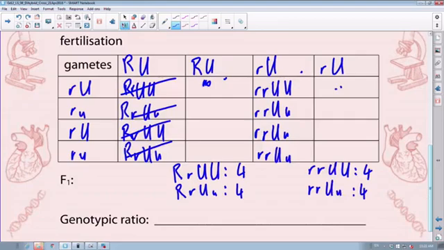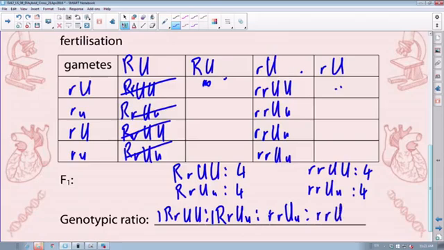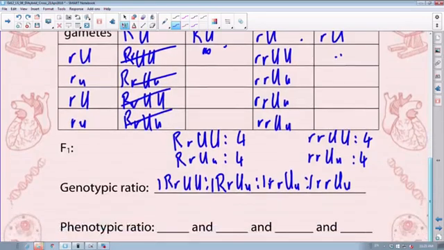It's all a 1-to-1 ratio, so for the genotype, there's one of big R, big U, big U, to one of big R, big U, small u, to one of small r, big U, big U, to one of small r, big U, small u. So for every one of the one, there's one of the other, right? Does that make sense? Okay, and now we need to do the phenotype.